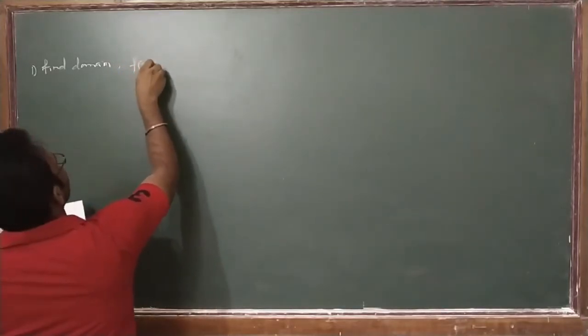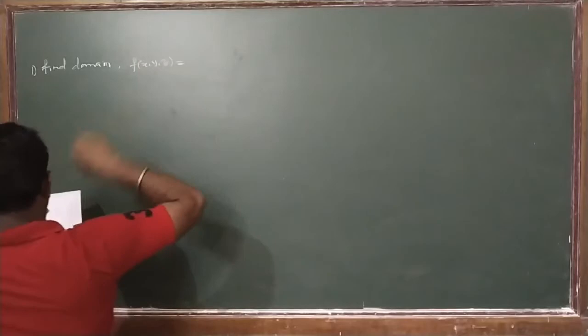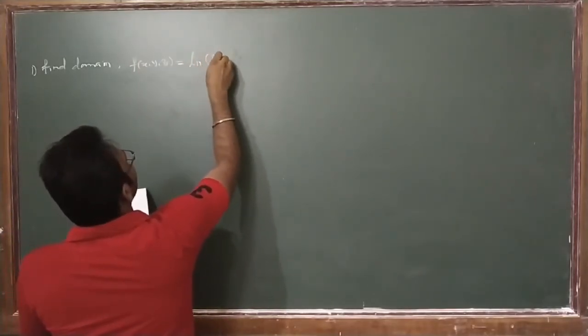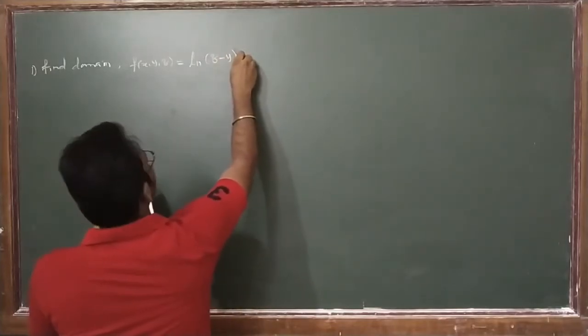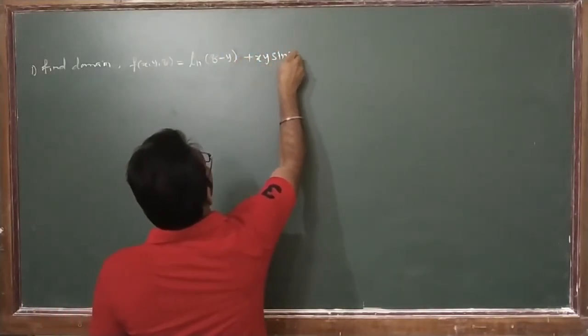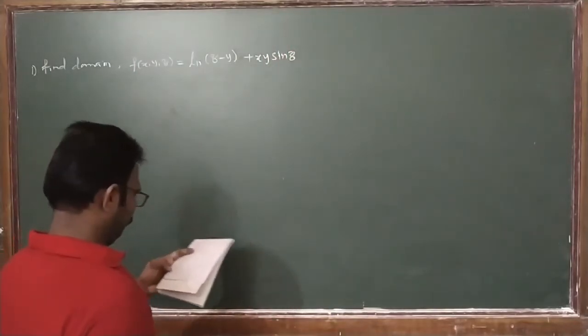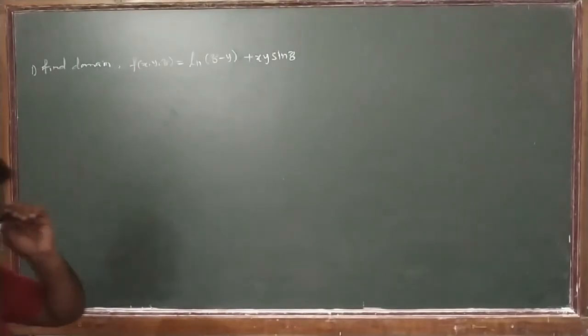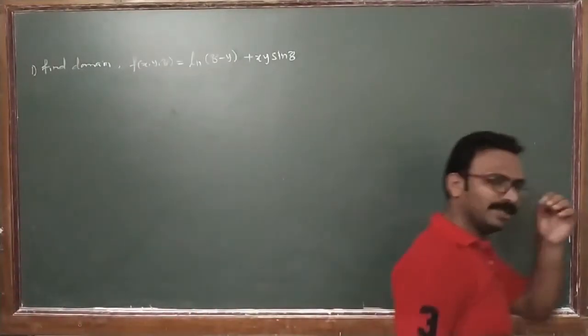The function is f of x, y, z equal to ln of z minus y plus x y into sin z. So this is a three variable function. So what should be the domain?